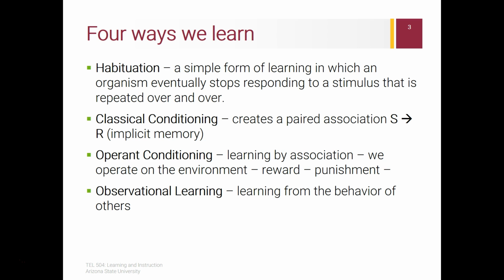An experience creates a paired association, a stimulus-response. We learn through operant conditioning, learning by association. Because we operate in the environment, it provides rewards and punishments that help us learn. And we learn through observational learning. We learn from watching others.